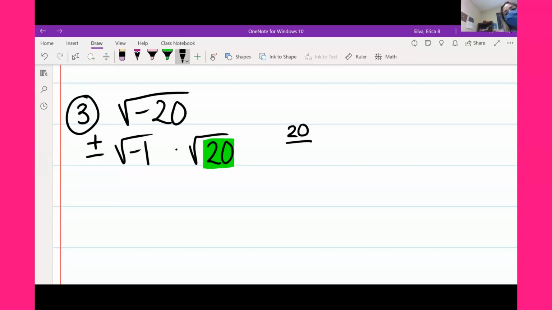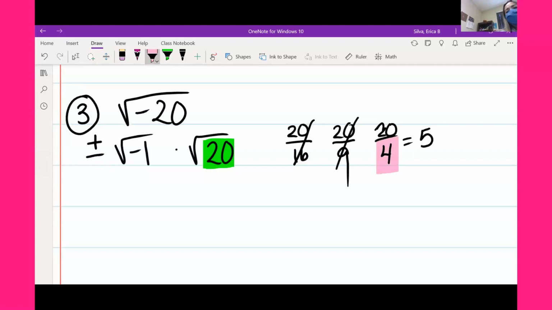So if we get 20, we divide it by 16. That's not divisible. We divide it by 9. That's not divisible. So if we divide it by 4, is it divisible? Yes, and we get 5. So these two will replace it. So we're going to rewrite plus or minus.